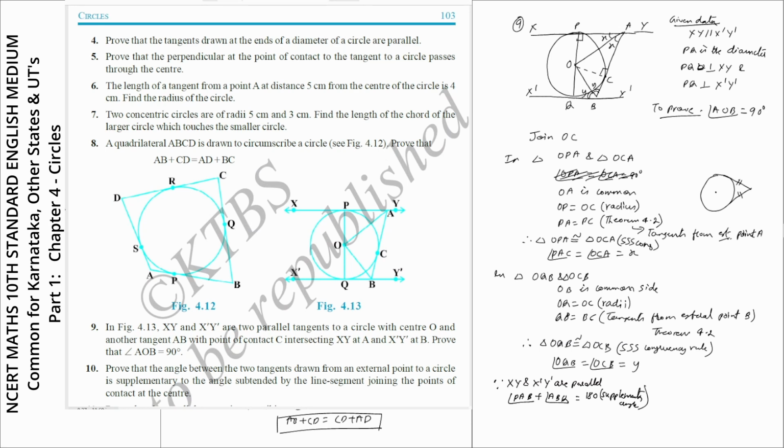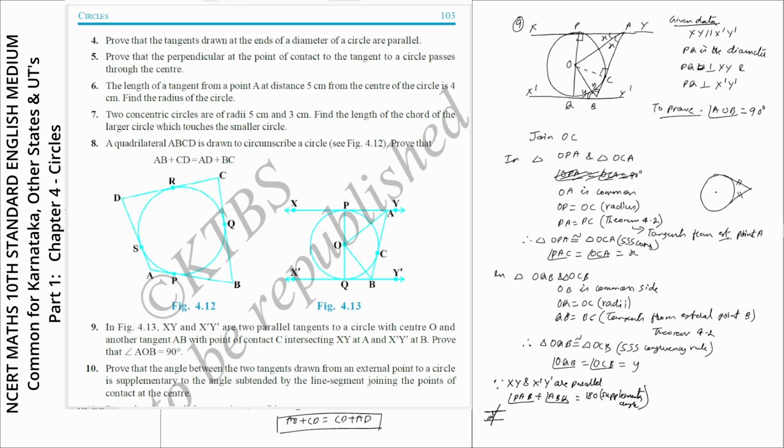You know that if there are two parallel lines like this, and if there is an intersection like this, this angle plus this angle will be equal to 180 degrees. These two are called supplementary angles. So similarly here angle PAB and ABQ are supplementary angles. Therefore the sum will be equal to 180 degrees.